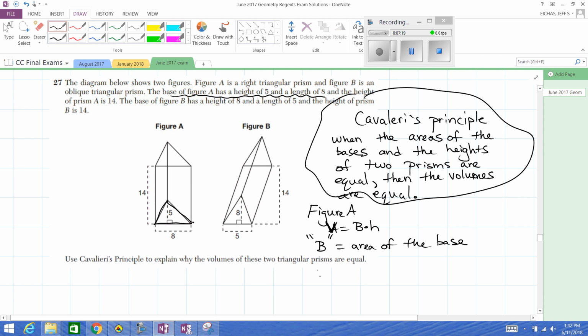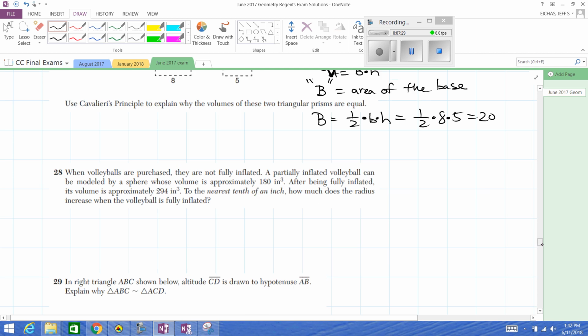Now, since it's a triangle, it's 1/2 times base times height. So it's 1/2 times 8 times 5, and that comes out to 20. Now that's for figure A.